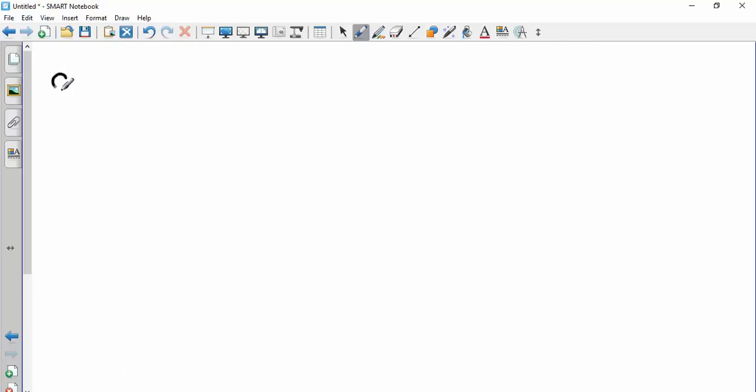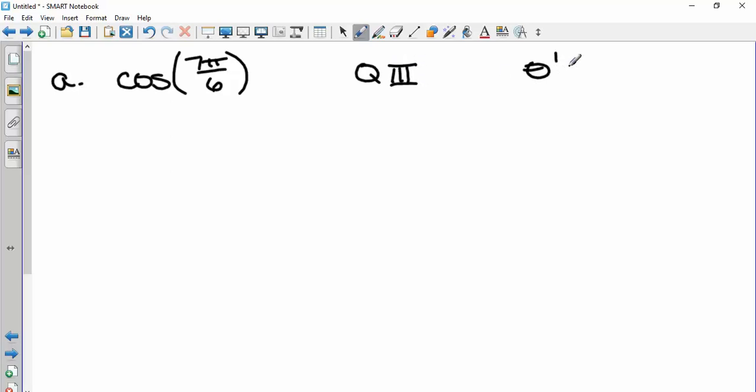So if I asked you to find the cosine of 7 pi over 6, what 2 pieces of information do I want you to write down? Seven pi over 6 is what quadrant? Third.